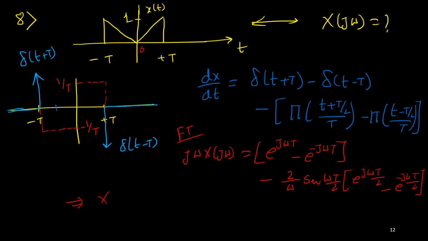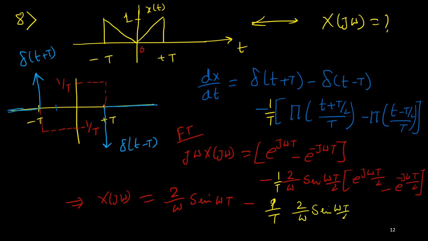So X of j omega, if you simplify it in a similar manner, you will get 2 upon omega sine omega T, and minus, one amplitude I forgot to include, so this will be 1 upon T. From here again you will get 2 upon omega sine omega T by 2, and that squared.